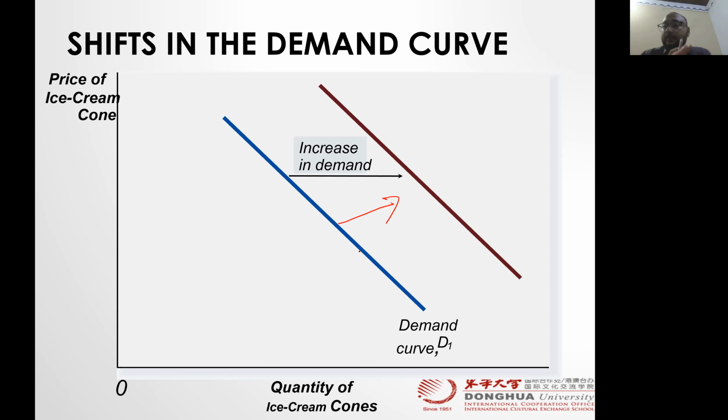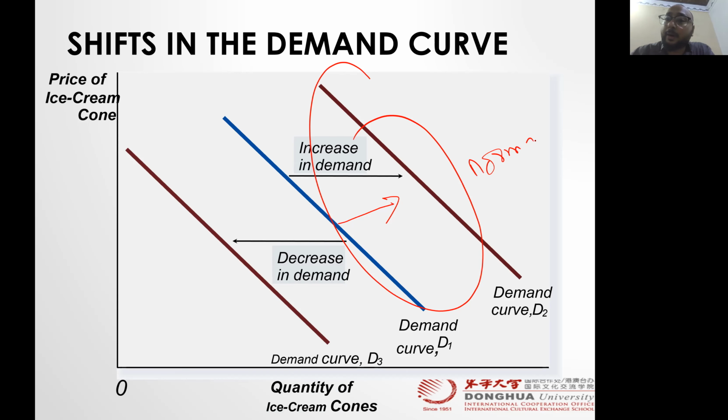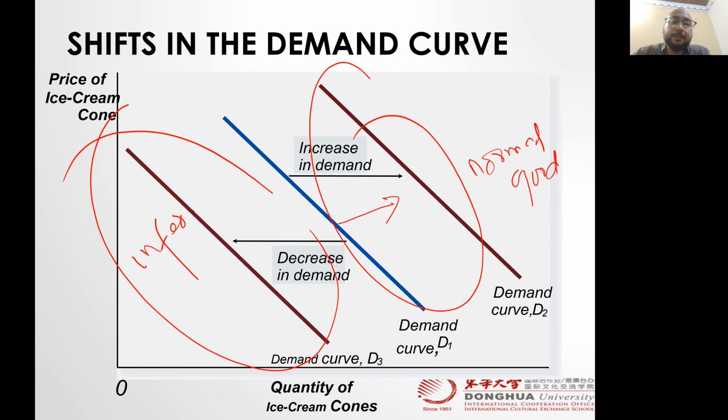Increase in demand means shift to the right. Decrease in demand means shift to the left. So that is called a normal good, when our income increases and we start consuming more. So a normal good has a positive relationship with income. And if our income increases and we start consuming less of the item, this is called an inferior good.